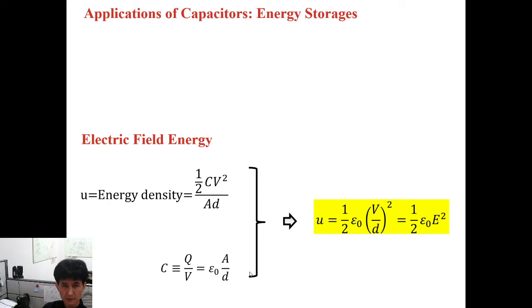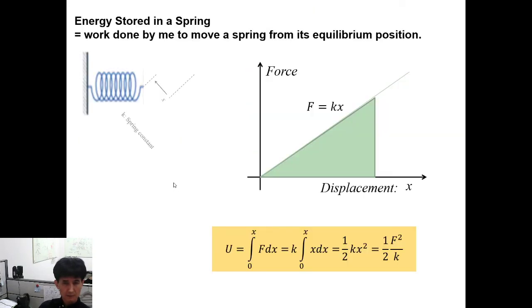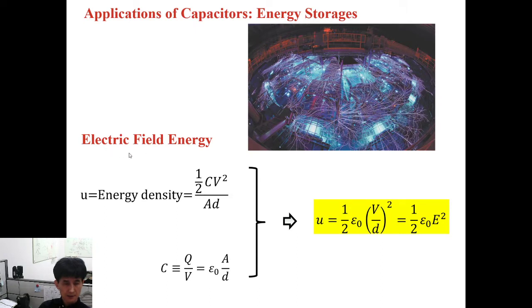And so the purpose of a capacitor as a device is energy storage. So we can calculate the energy density. The definition of energy density is the total energy stored divided by the volume.